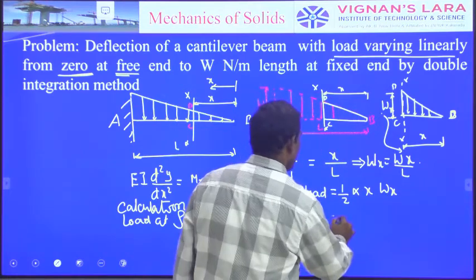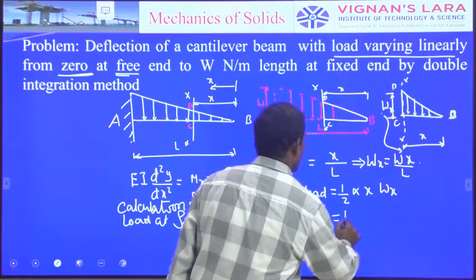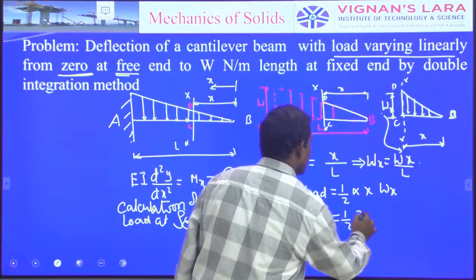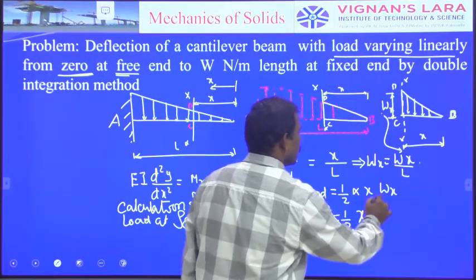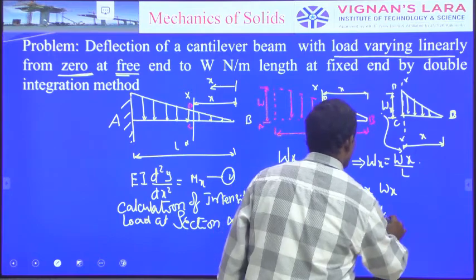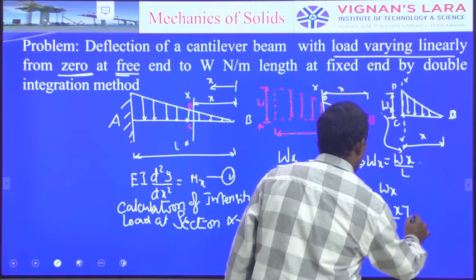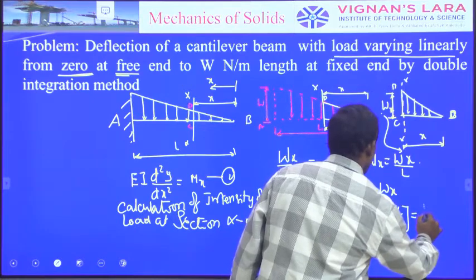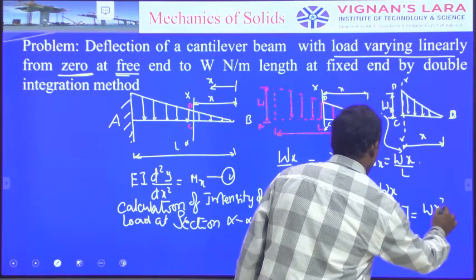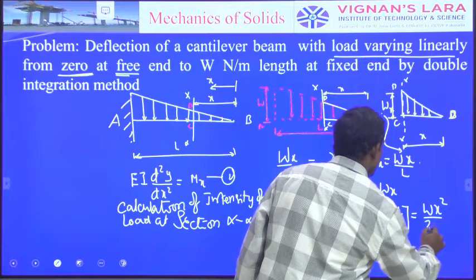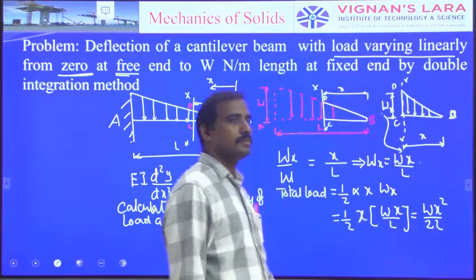This can be rewritten as half into small x into capital W into x divided by L. Finally that becomes Wx square by 2L. This is the total load.